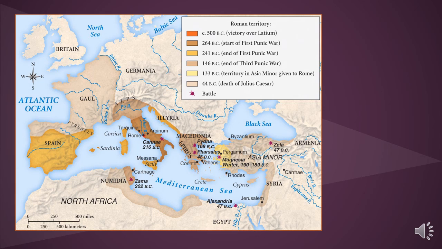So this is going to be added later under Caesar. This is going to be added about 10 years after Rome defeats Carthage. They're going to start expanding into Greece, and they're going to expand eastward after they conquer the Carthaginians. But we can see really early on, Rome is going to establish themselves as the commanders of the Mediterranean Sea.